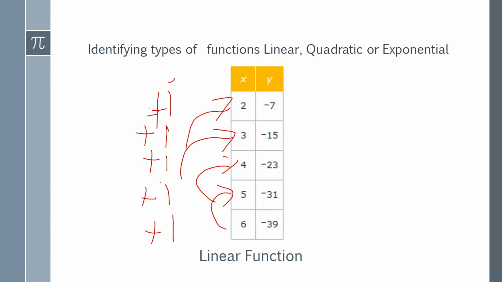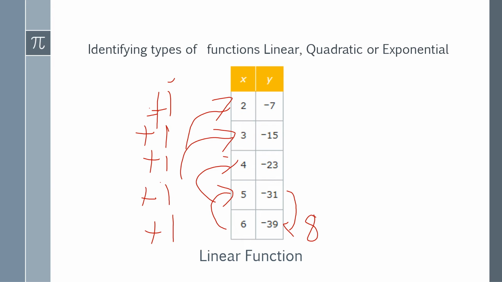So let's use 39. Don't pay attention to the negative signs for the moment. Just for the moment. So 39 minus 31, that's 8. That's the difference between these two. You could say, oh, it decreased by 8.